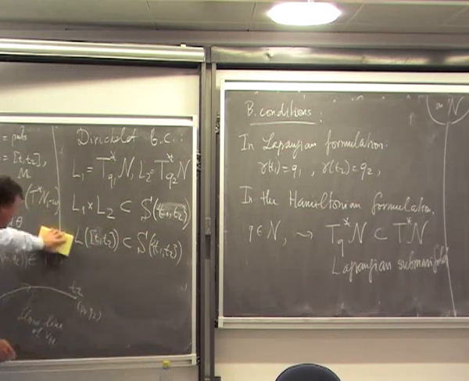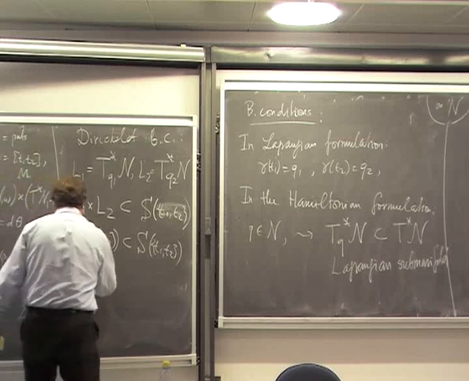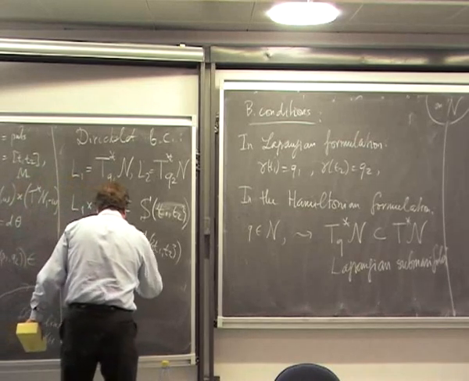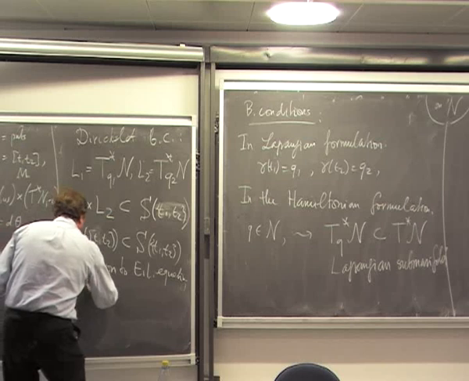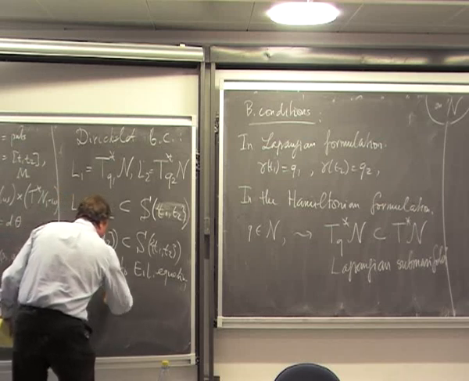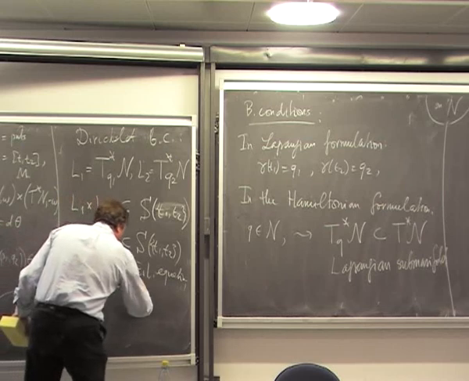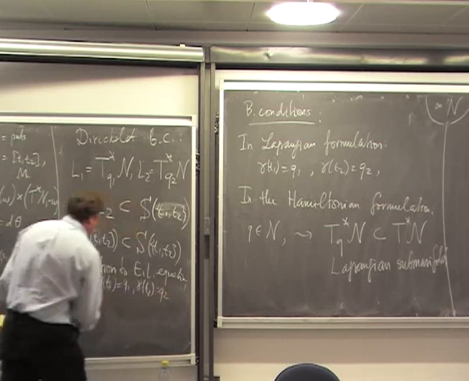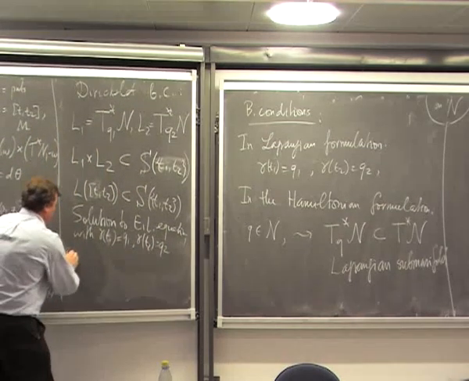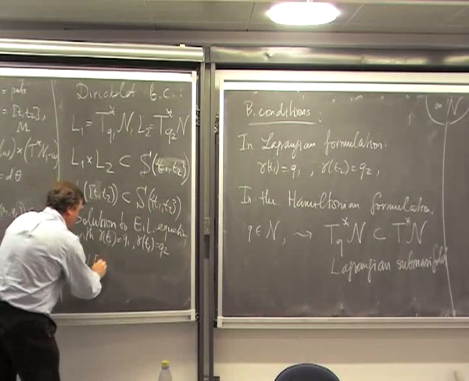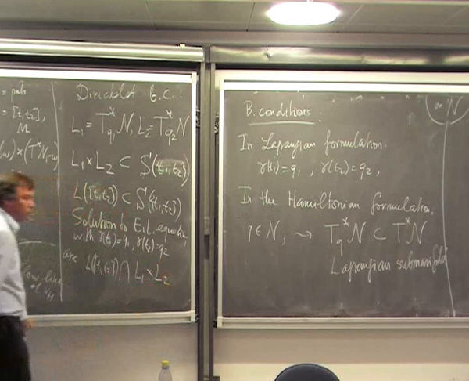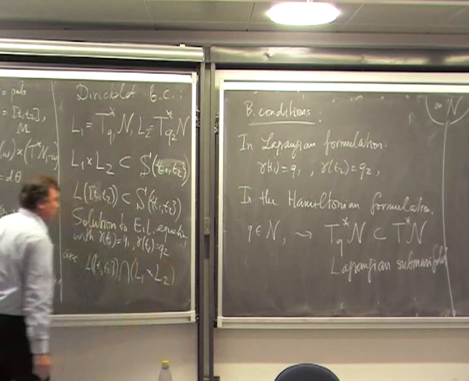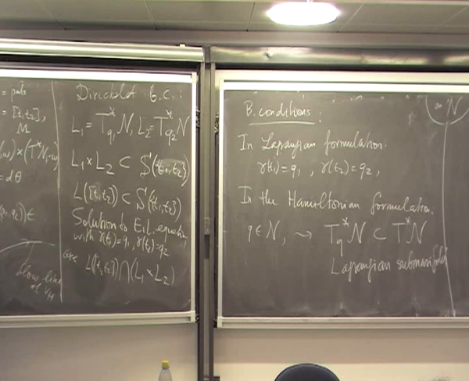And so now it's clear that solutions to the Euler-Lagrange equations with these boundary conditions are intersection points of these two Lagrangian submanifolds. And so generically you expect them to be a discrete set.